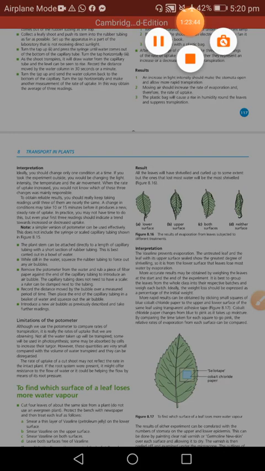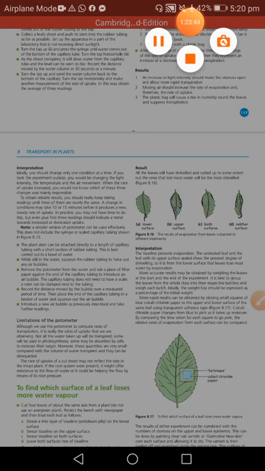So what happens during the day? Due to photosynthesis, glucose is produced, and glucose causes entry of potassium ions from the surrounding cells into the guard cell.